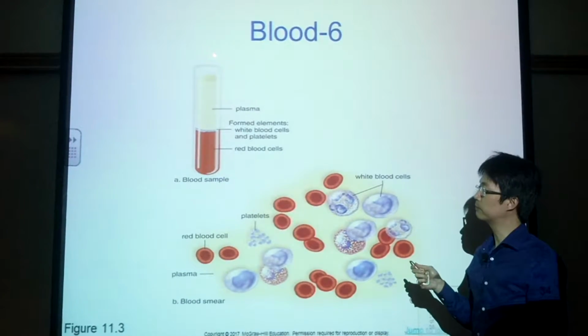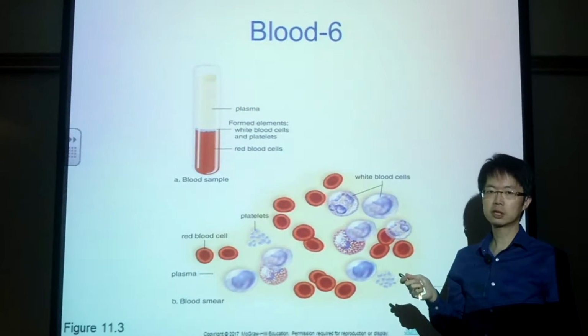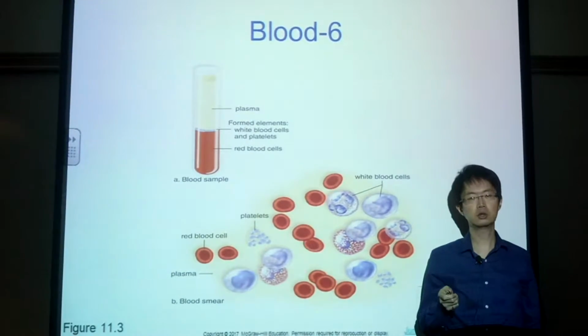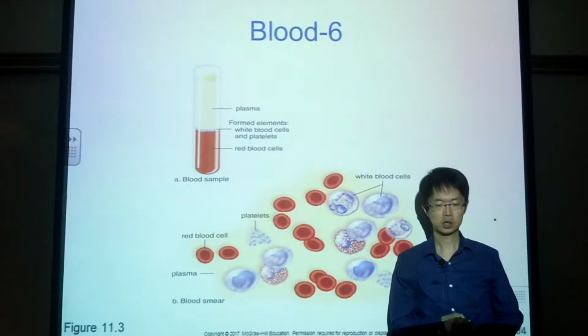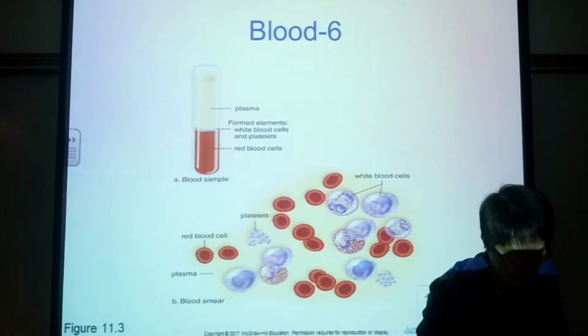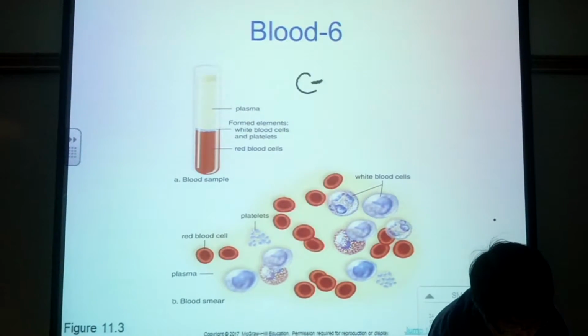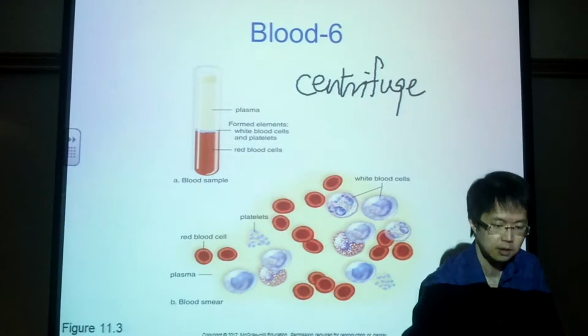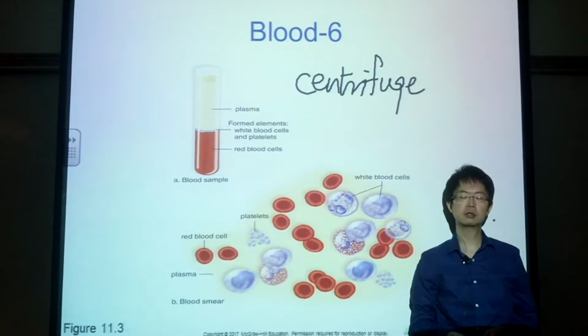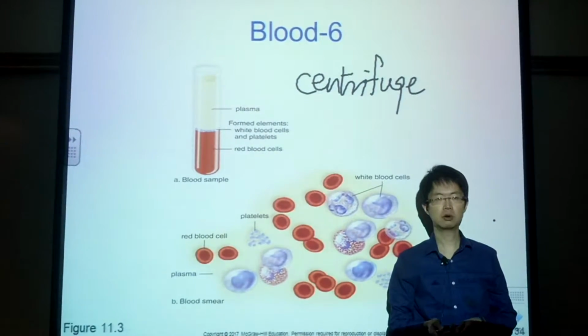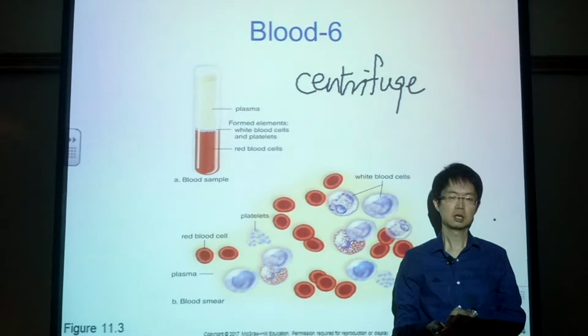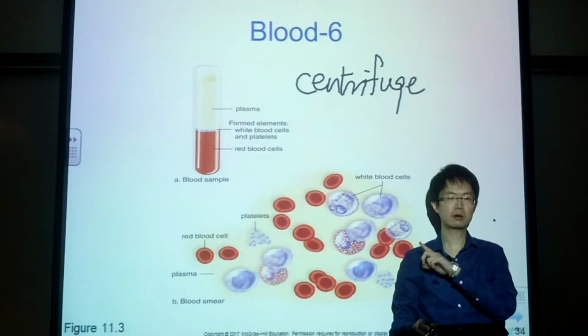So what it shows here is that you have a test tube of blood, and then you put this test tube of blood into something called a centrifuge. A centrifuge is basically a high-speed motor that will spin very fast.